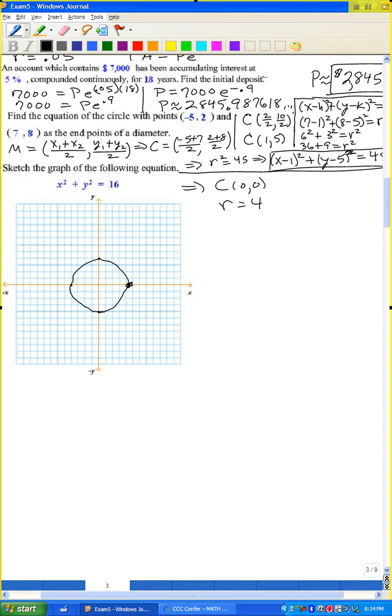Let's just say forget this. So the center is at the origin, and it looks something like this. The radius is 4. And well, it's supposed to be a circle.